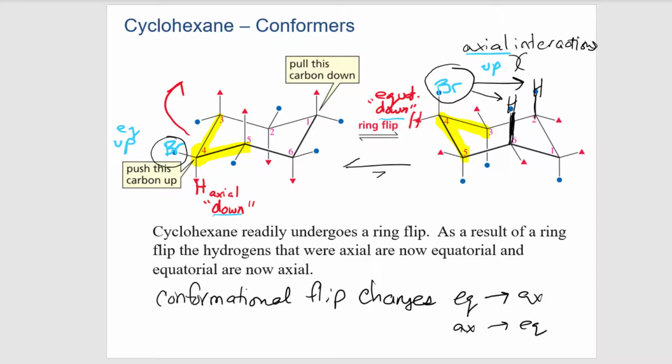But notice up stays up and down stays down. That's going to be very important, especially when we look at chapter 5. So up stays up and down stays down. It's only the equatorial and axial conformations that change. Being up, being where you are relative to something else, is not going to change. You'd actually have to break bonds to change their relationship to one another.